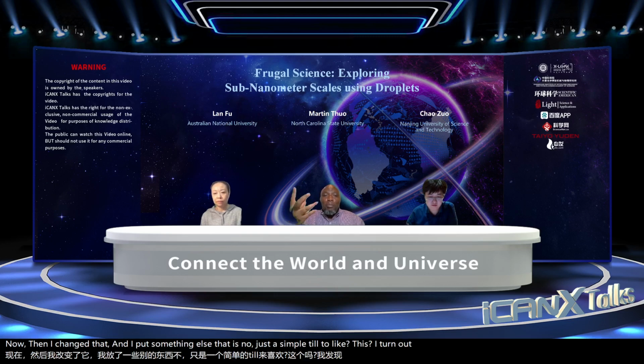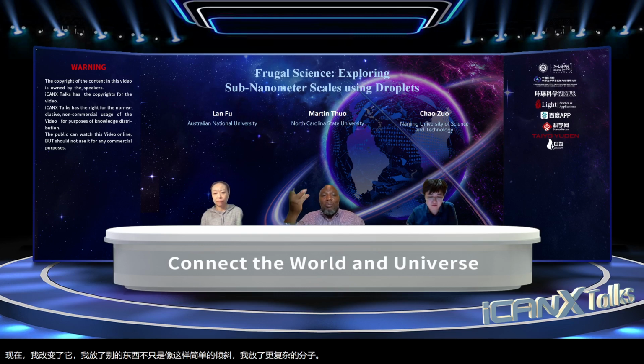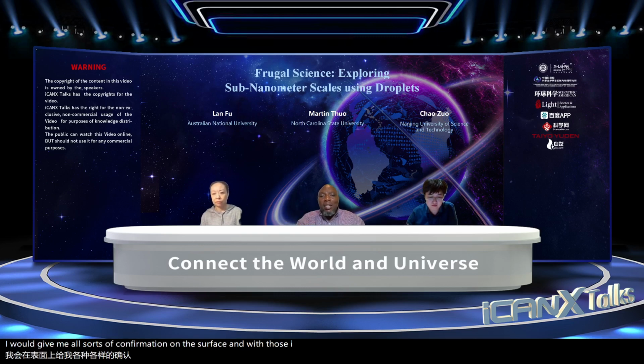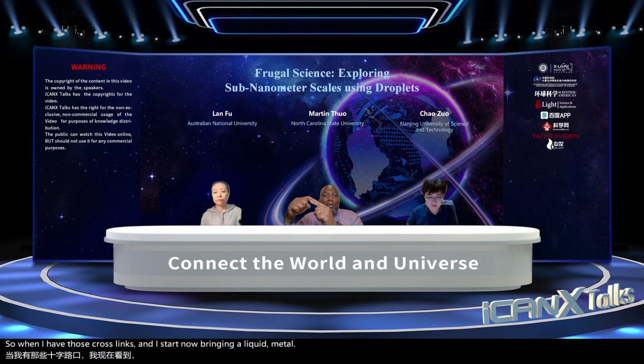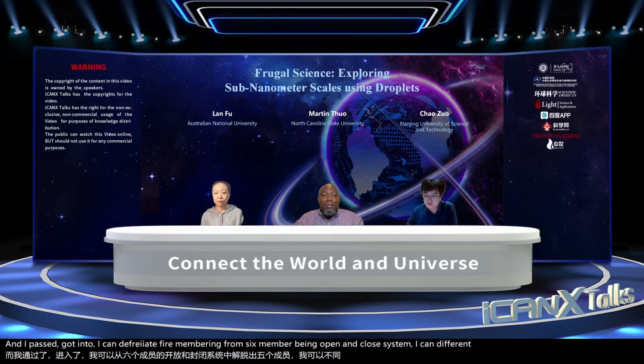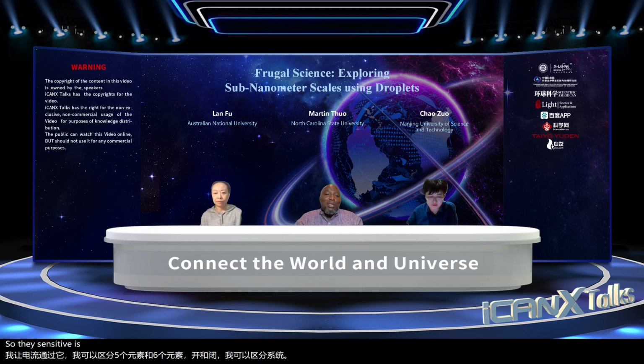I start putting in more complex molecules that will give me all sorts of conformations on the surface. And with those, I can reveal dynamics that I know from chemistry. When I have those cross links and I bring in a liquid metal and pass current through it, I can differentiate a 5-member ring from a 6-member ring, open and closed systems. I can differentiate all of them. So the sensitivity is much better.